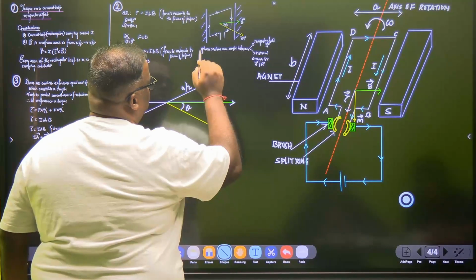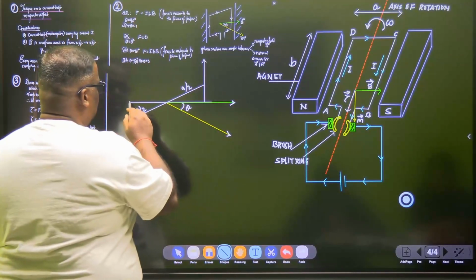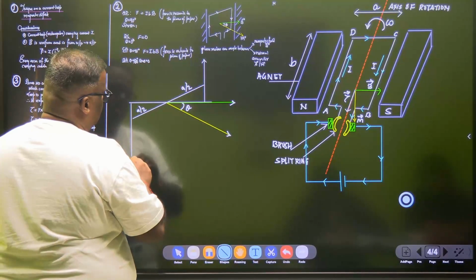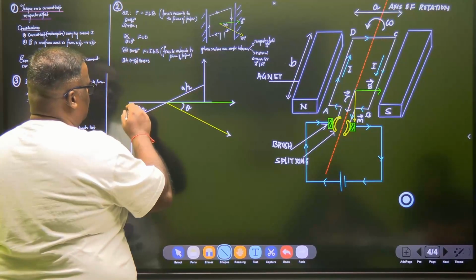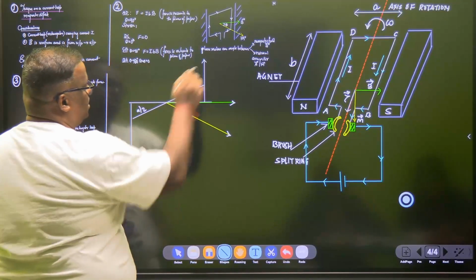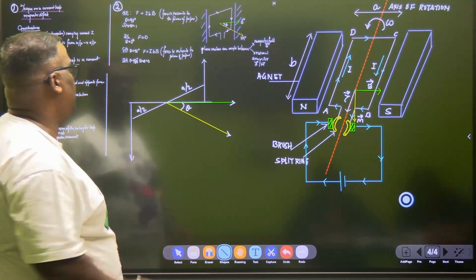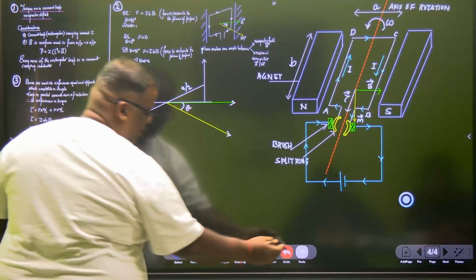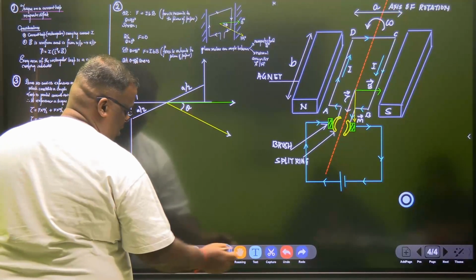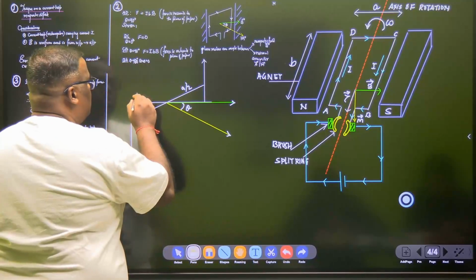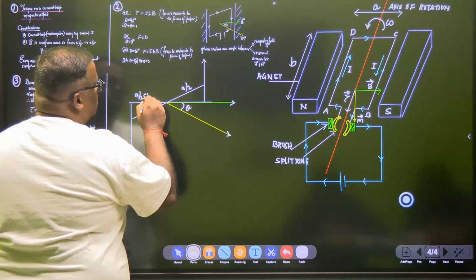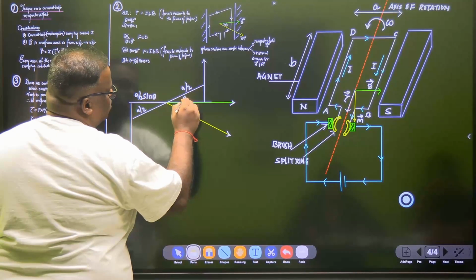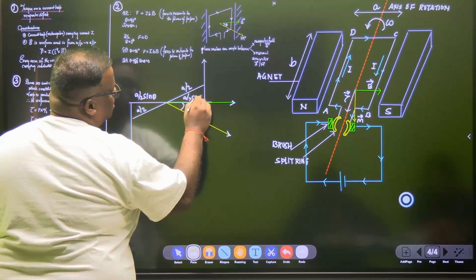One force is in this direction, and the other force is in this direction. These are equal and opposite forces. And now this is the perpendicular distance. This will be A by 2 sine theta, and this also will be A by 2 sine theta.